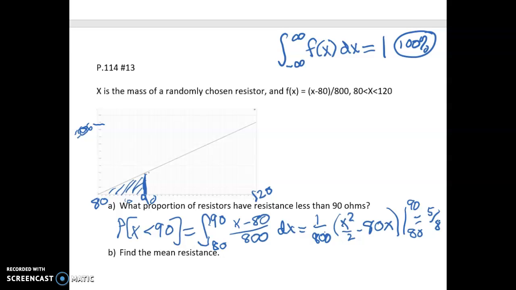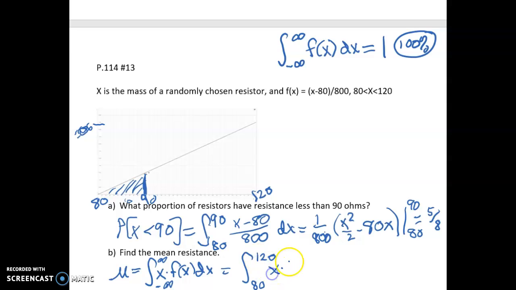We're supposed to find the mean resistance in part B. So we know that the mean is x times f of x dx over all possible values. My possible values are really from 80 to 120.